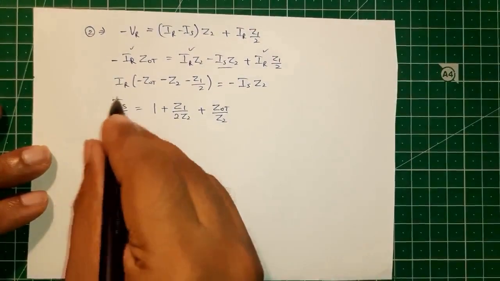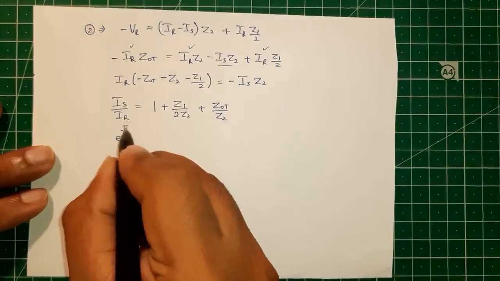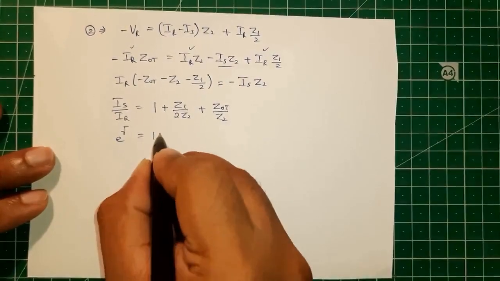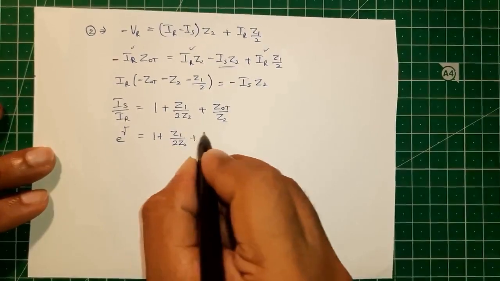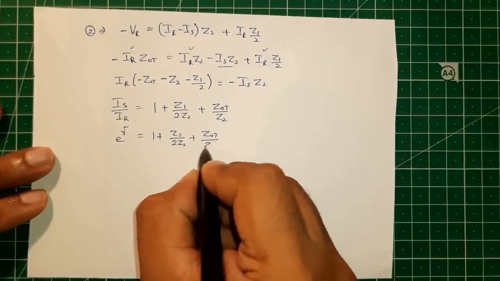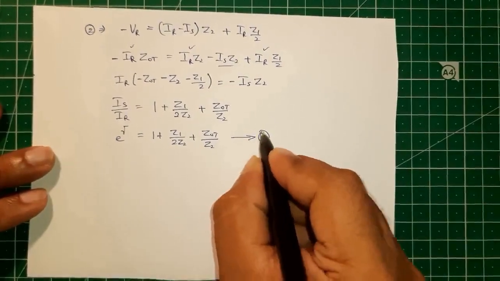Now what is this left hand side? It is e raised to gamma. So that is equal to 1 plus Z1 by 2 Z2 plus Z0 t by Z2. So this is our second equation.